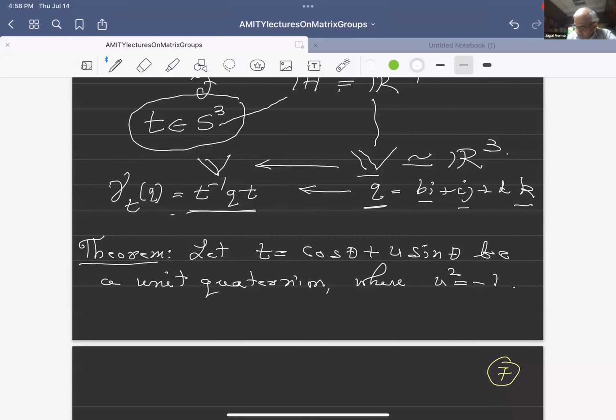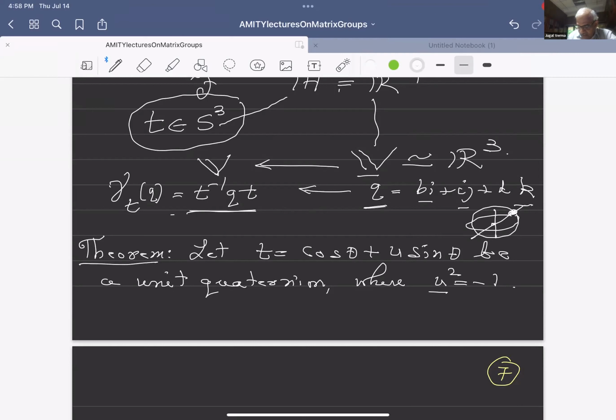This U is a purely imaginary quaternion of unit length, so it corresponds to a point on the 2-dimensional sphere. Take the line passing through this point and the origin; that is going to give me an axis of rotation.